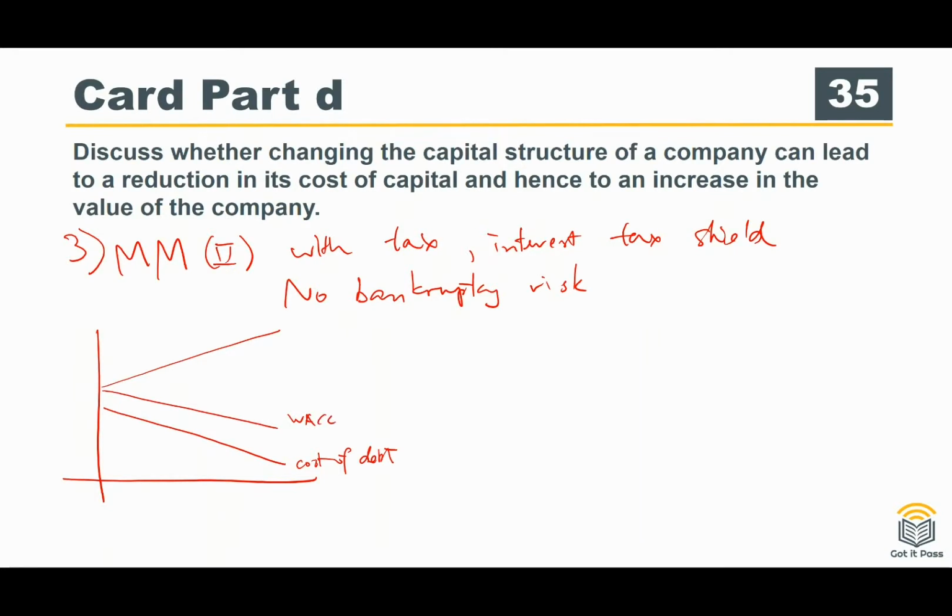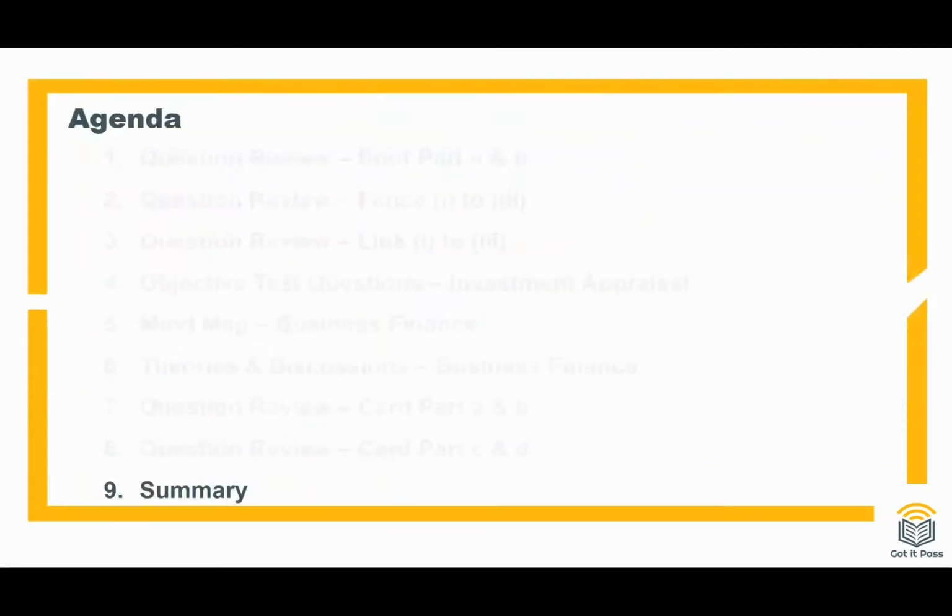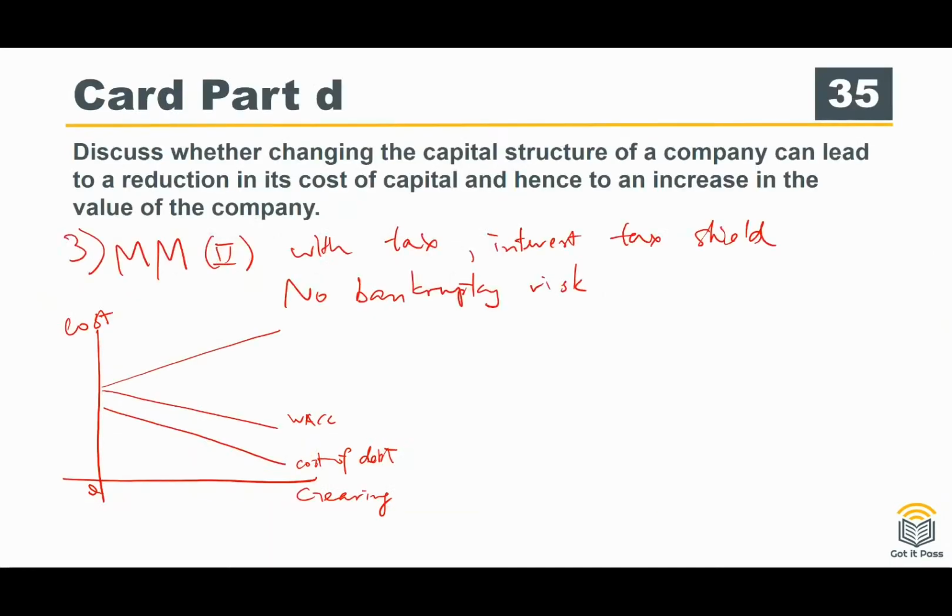And here the WACC will keep dropping while you are increasing your gearing ratio. So here, when you increase your gearing, your firm value or your company value will be increased as well because of the interest tax shield.